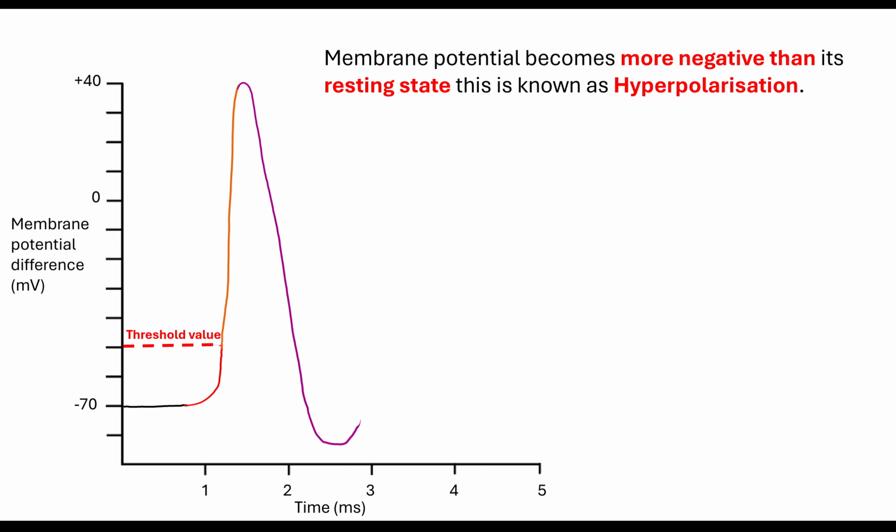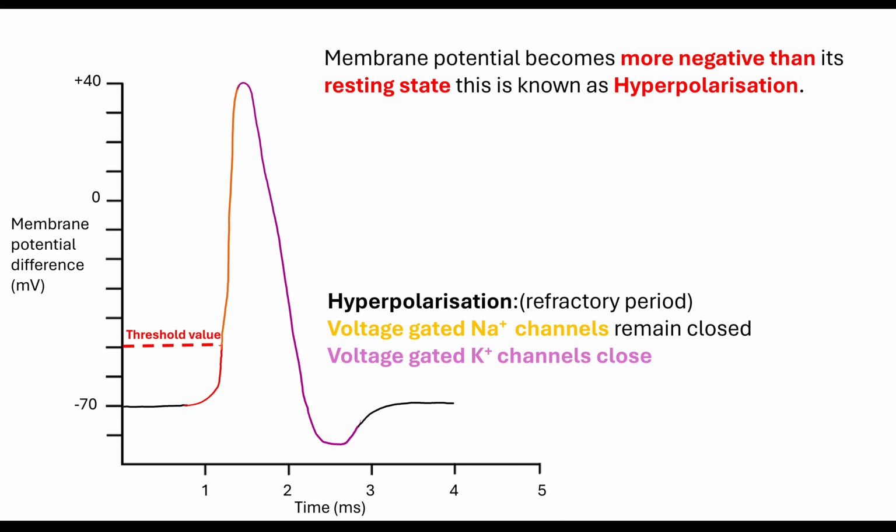So what happens when we go past that resting state? We've overshot the minus 70 millivolts. This is what we call hyperpolarization. Hyperpolarization is the overshooting past minus 70 millivolts.